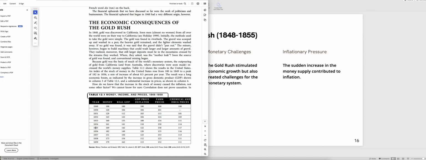And a great deal of that, look at that, a 58% increase in farm prices. A lot of that's coming down to agriculture, and that's not good, essentially. The money supply, what we're seeing here is that the money supply is going from 100 to what?